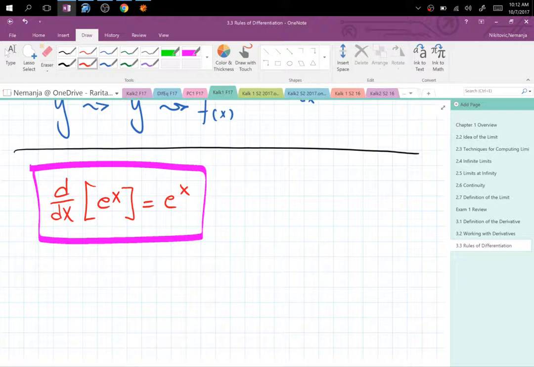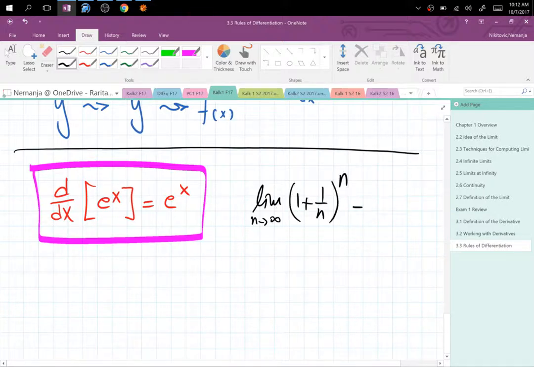Now this e is a special number, and that special number is defined as the limit when n goes to infinity of 1 plus 1 over n to the n. This is the calculus definition of number e.